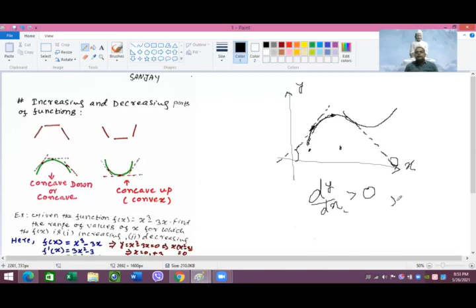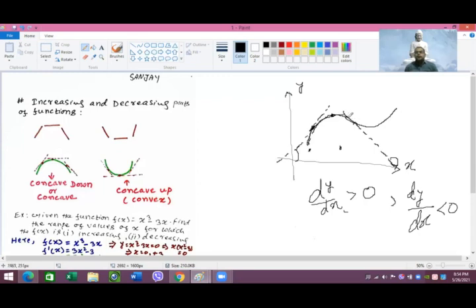So in that case, the gradient at this point is less than 0. That means the gradient makes an obtuse angle with the x-axis, therefore dy by dx is less than 0. But what happens in this part?